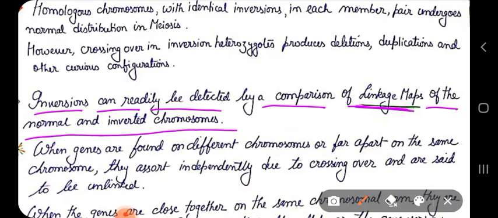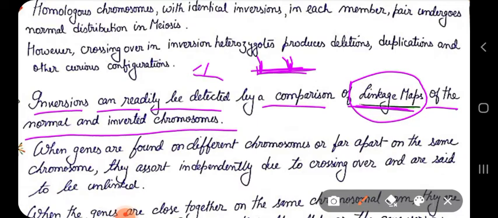Actually, a linkage map shows the relation of the genes, the alleles that are located on the chromosome, how closely they are linked and how closely they are placed. The more linkage between the genes, the more they will be segregated as a unit during chromosomal division.